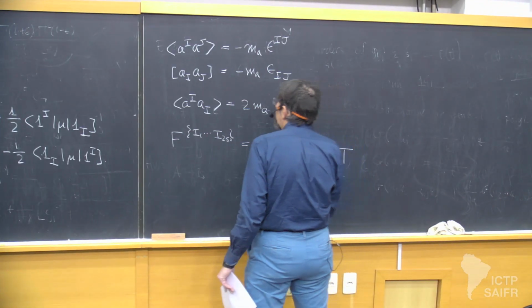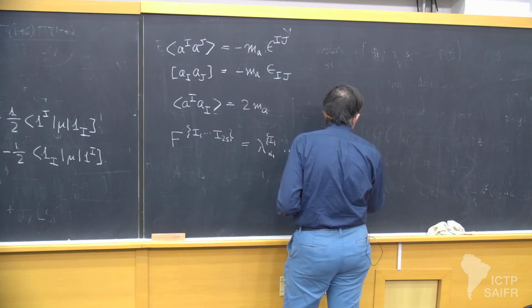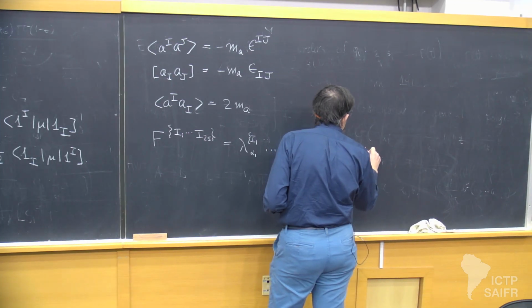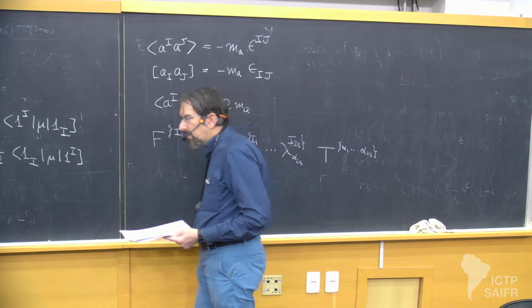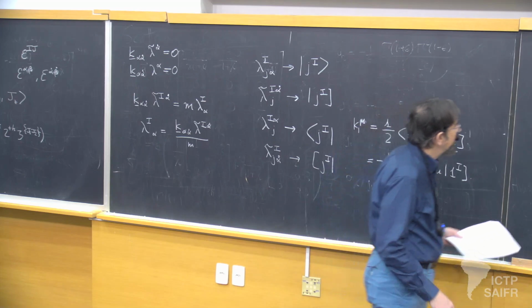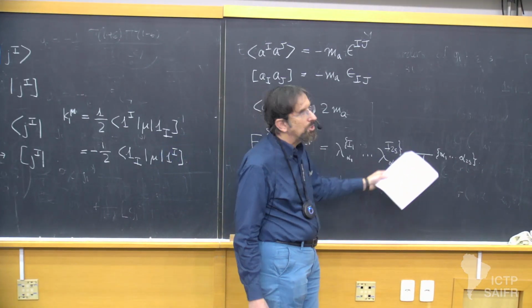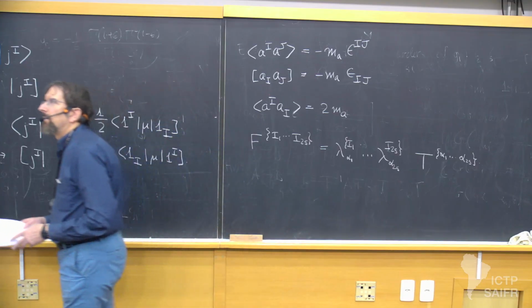The function f doesn't carry them, so this has to be contracted with some tensor, which then has to carry the SL2C little group indices fully symmetrized. And so with this convention, f and t are essentially carrying the same information.